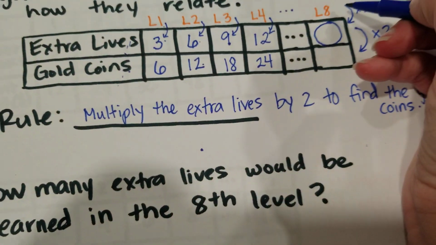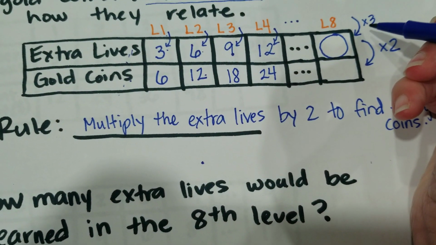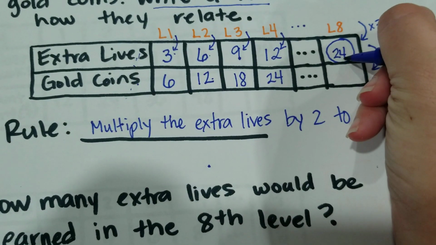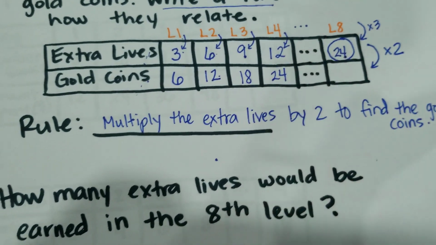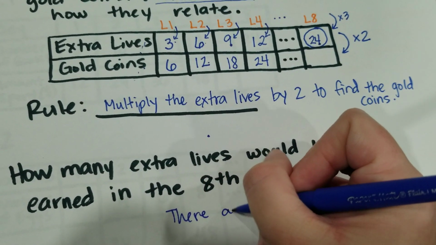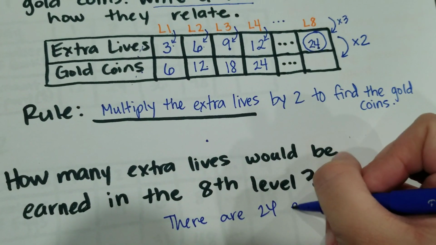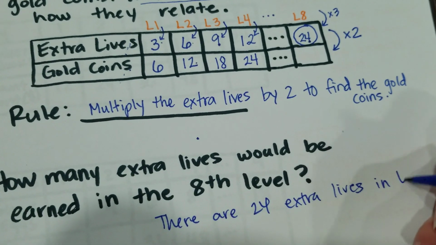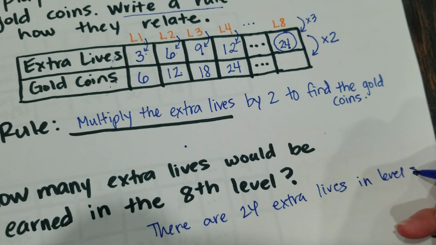We use this rule. So if we're on level 8, we're going to times level 8 by 3, and that gives us 24. Okay, and there's our answer for the question. So there are 24 extra lives in level 8. Woo.